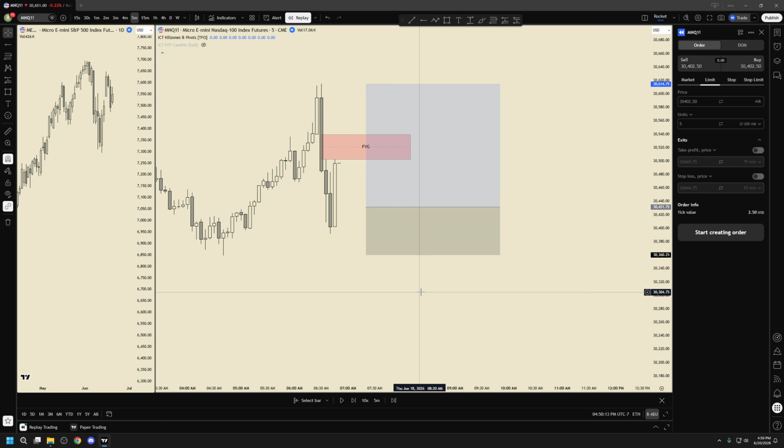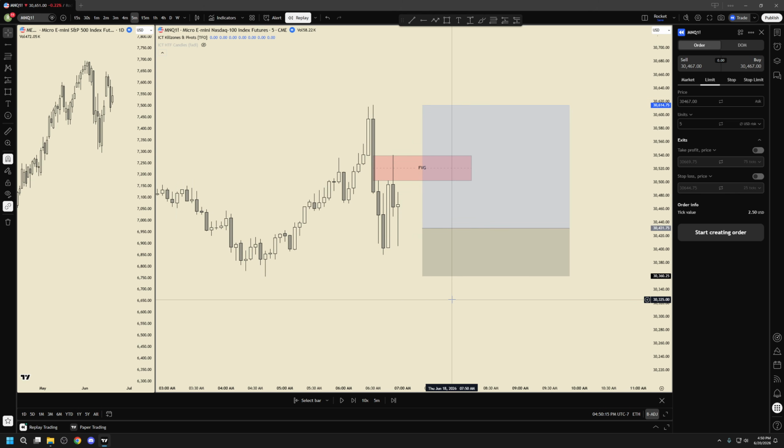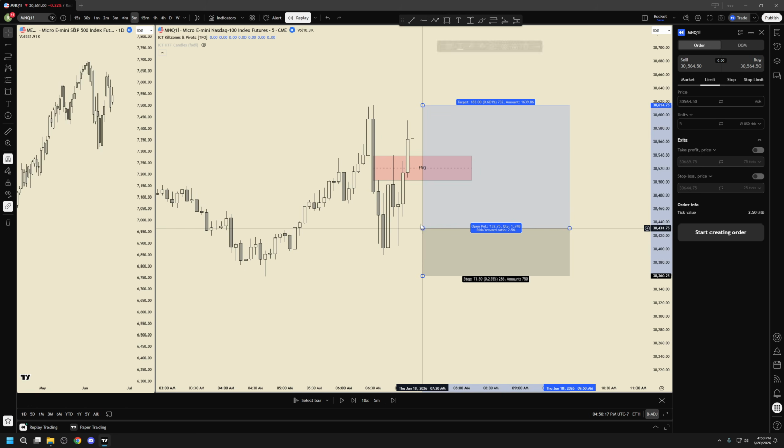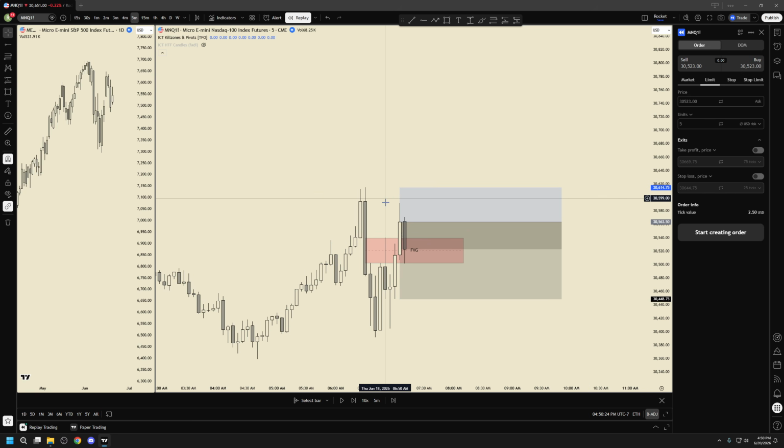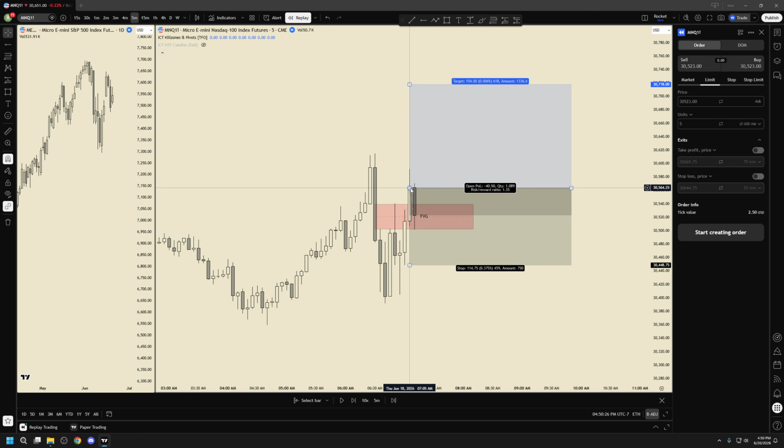So let's see if we get a long setup. Okay, fine, right here. Let's imagine that I see price close through, and I want to set my stop loss down here with a price target up there. So I'll move my drawing like this. I'm waiting for price to enter here, and I'm looking at my stop loss. This number right here is the tick number.